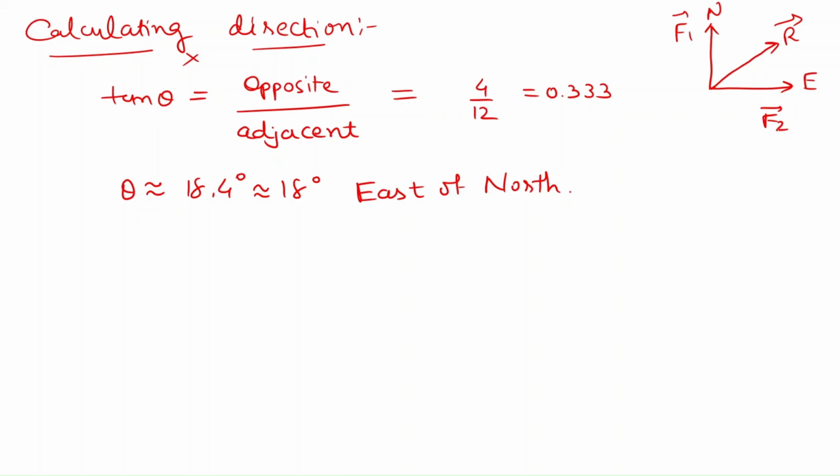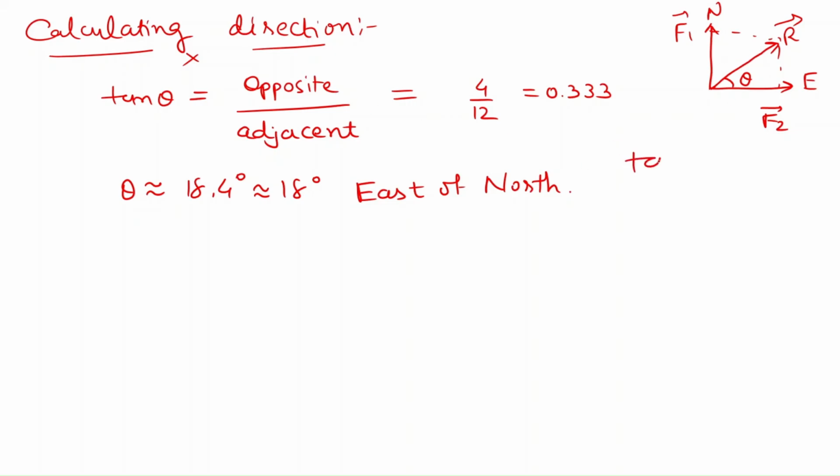This is the first vector, second vector, and resultant vector, and we have to make the angle theta with F2, or you can take theta here as well. So choose one. Here I choose this theta.